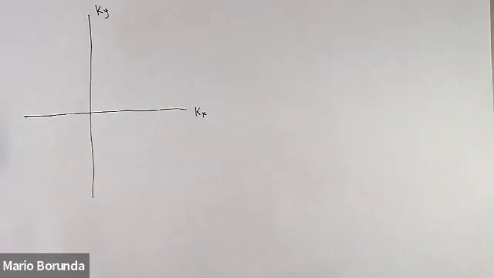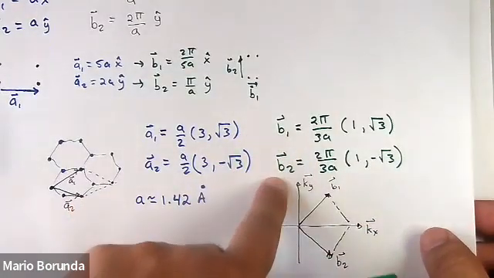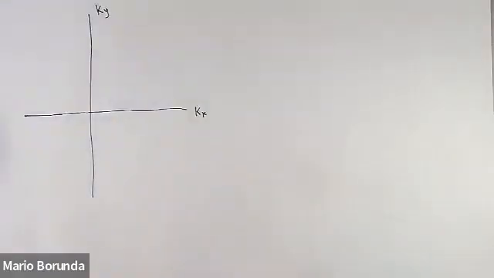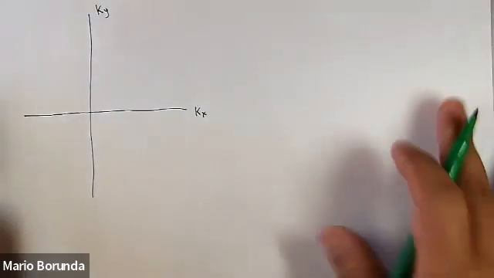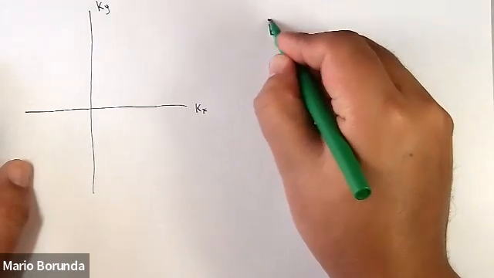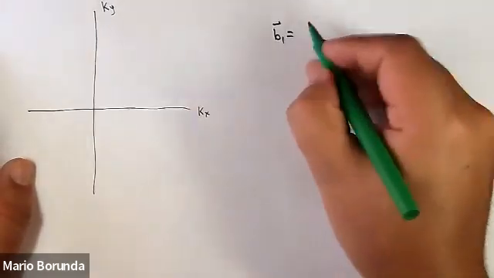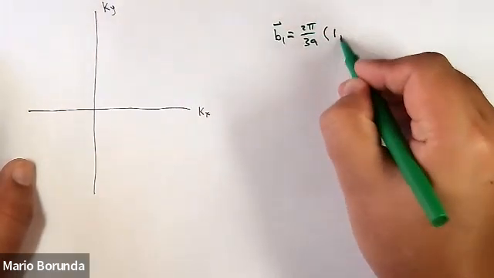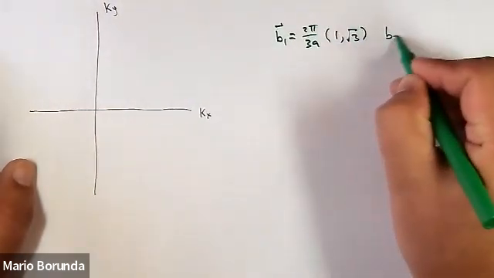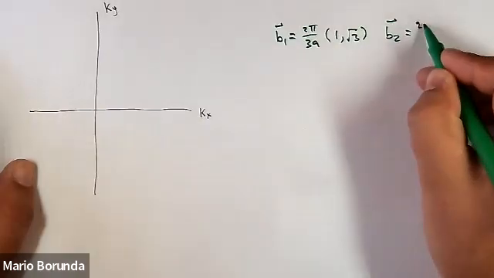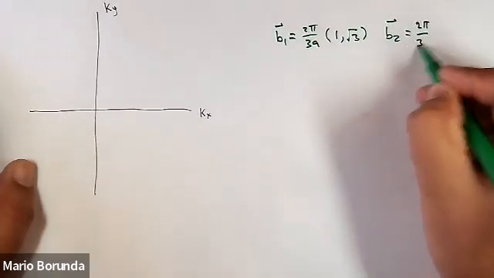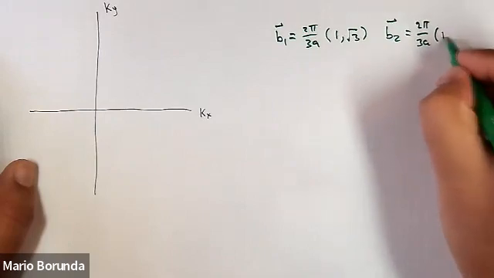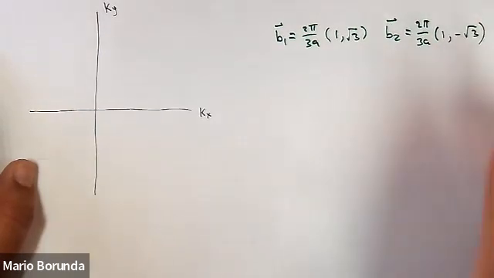So my two vectors are B1 and B2 right here, right? So let me write those down. This one was 2 pi over 3a, 1 and the square root of 3, and B2 was 2 pi over 3a, 1 minus the square root of 3.